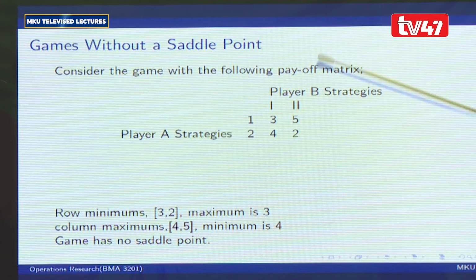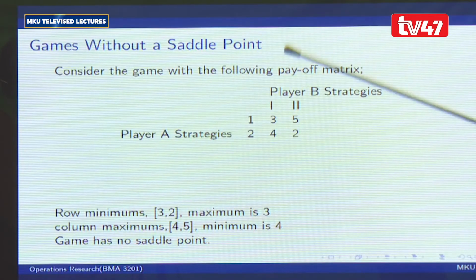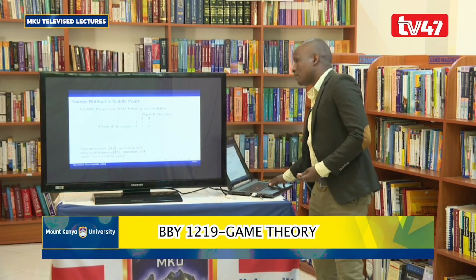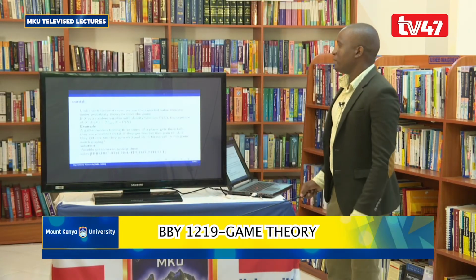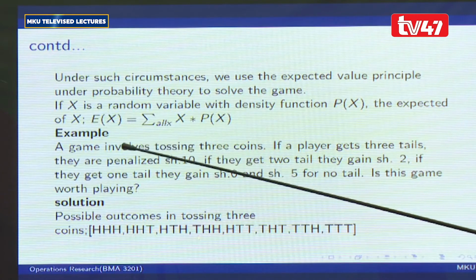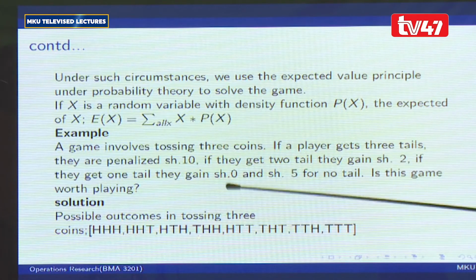So how would we go about solving a game where the value we get for player A is different from the one we get for player B? We have to apply a strategy in probability theory called the expected value principle. Under the expected value principle, the expected value of a random variable x, which can be a value obtained from a random experiment.